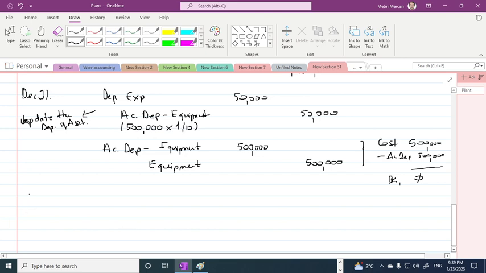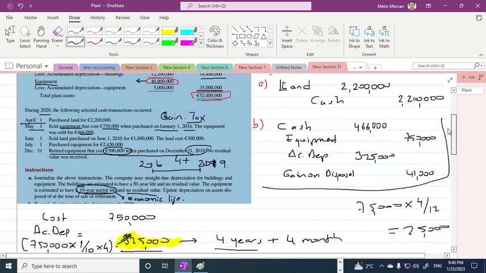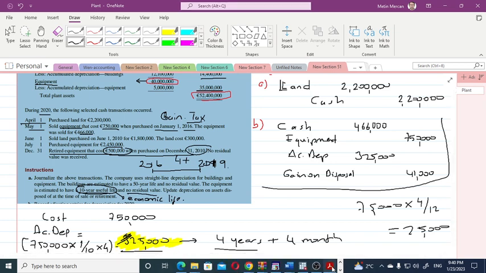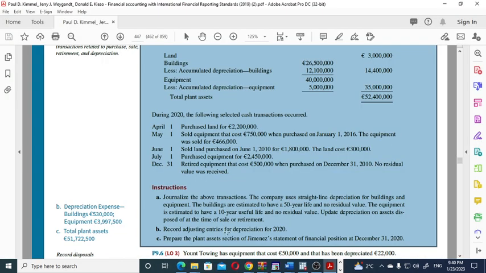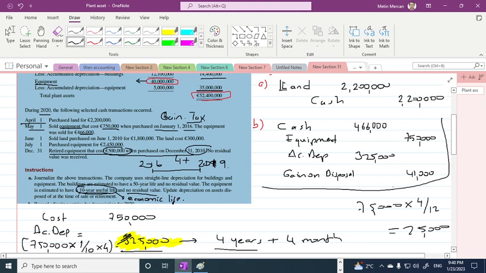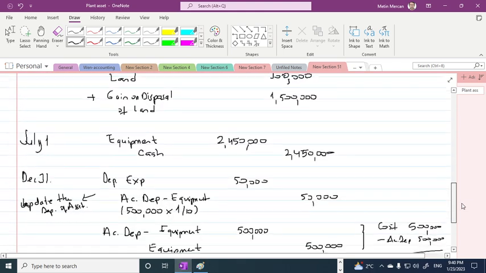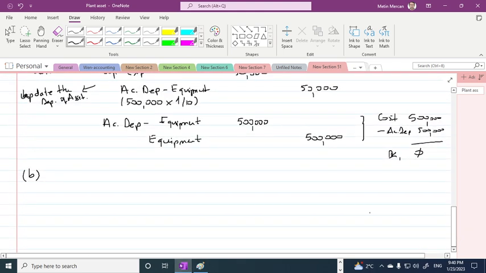Alright, now we do B. In B, we need to do adjustment entries. You don't see this question, but here, record the adjustment entries for the 2020 depreciation. So how much depreciation expense do we need to record? For that, we need to find how much we have in buildings.